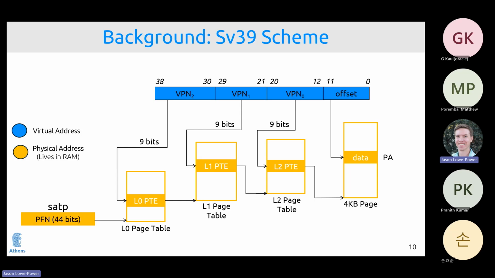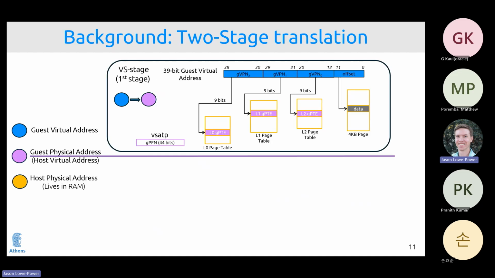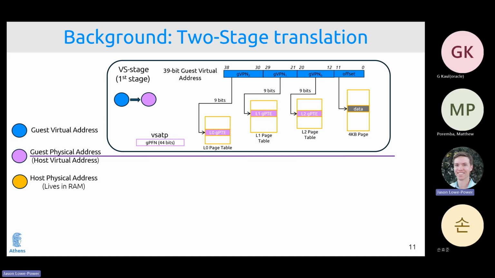But in the H extension, if we include it, and if the guest OS runs, we can actually do what's called a two-stage translation. So the first stage, now called the VS stage, is exactly the same as the picture we showed just before. But there's a catch here. And what's the catch?